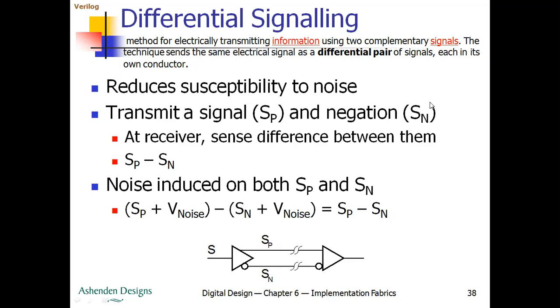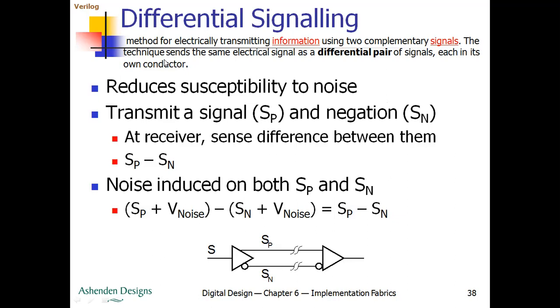So differential signaling is basically a method of transmitting information using two complementary signals, one positive and one negative, namely Sp and Sn.